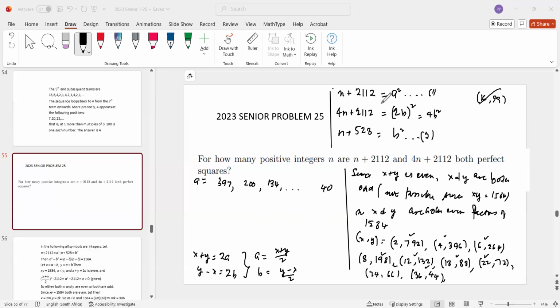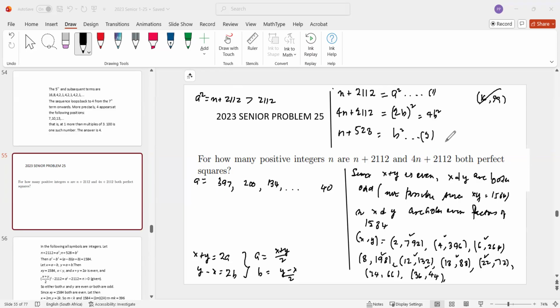But you have to be a little bit careful here because n is a positive integer. So you can't put in any a squared here. This implies that a squared is n plus 2112. n is a positive integer, so a squared is greater than 2112.